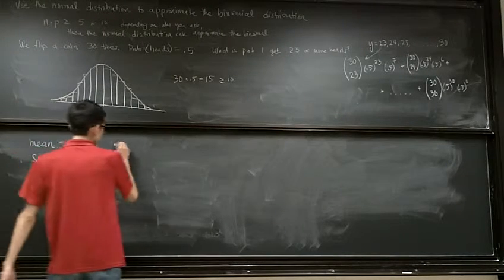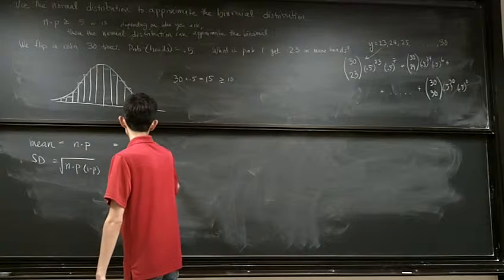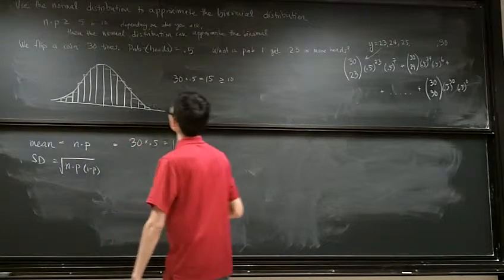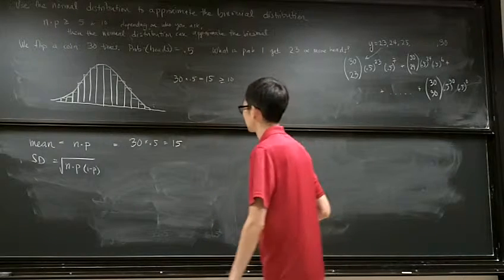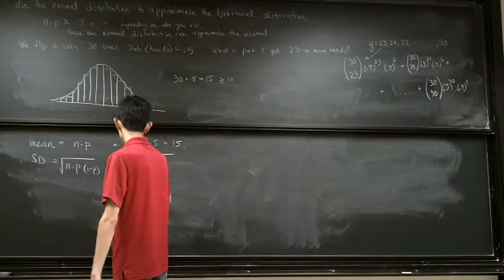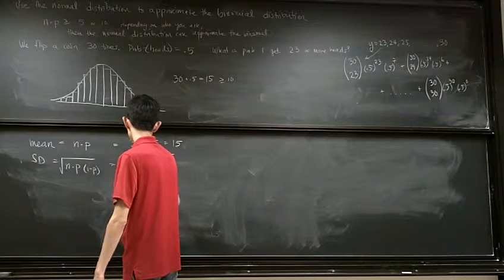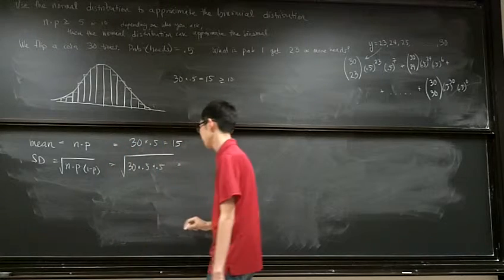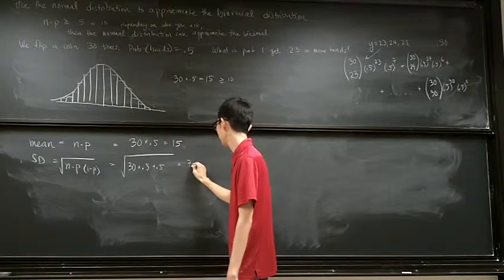So the mean that we would use is 30 times 0.5. I would use a mean of 15. And the standard deviation would be the square root of 30 times 0.5 times 0.5, and that's the square root of 7.5.